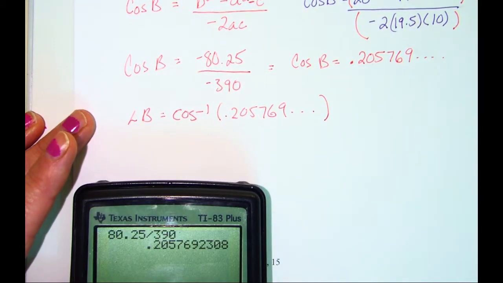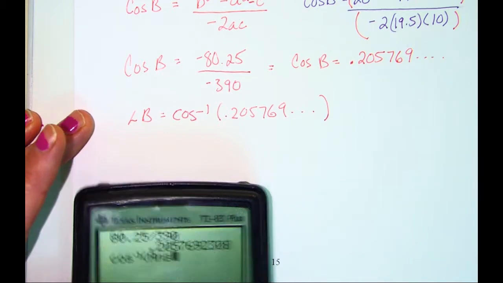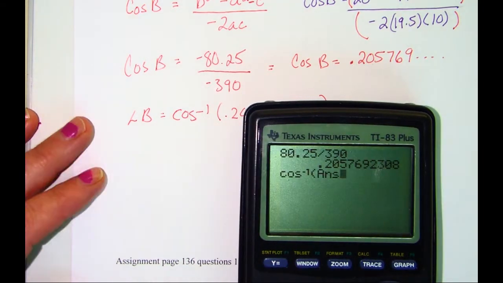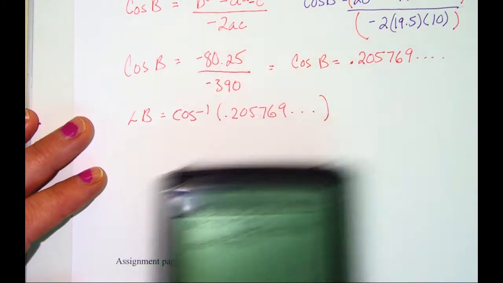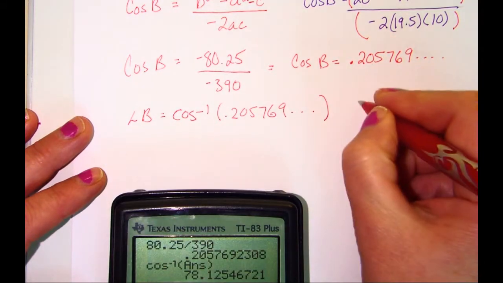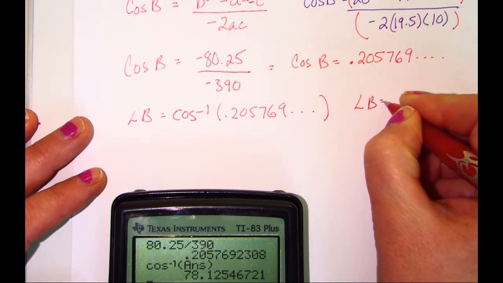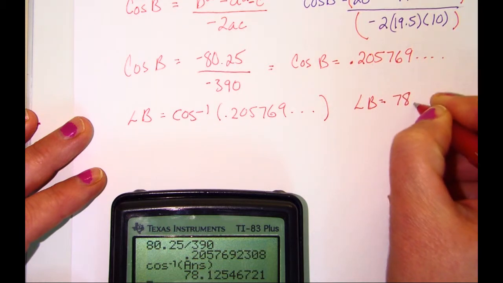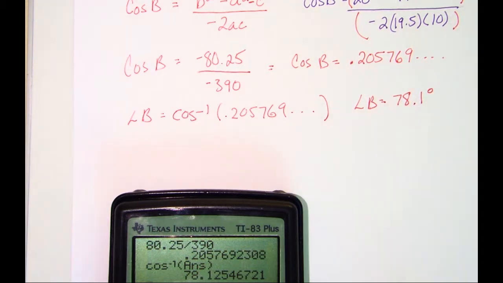But I can do inverse cos, and then do second function answer again. That way I don't have to punch all those decimals in, and it puts the whole number in there, in brackets. And then equals. And I get angle B equaling, say 78, we'll say 78.1 degrees.